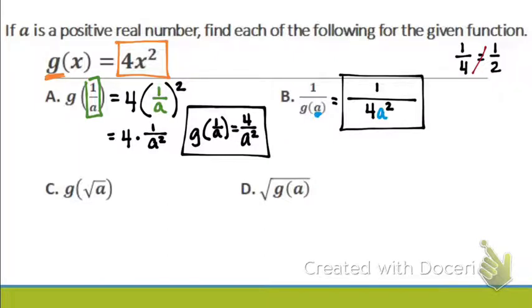For g, what am I doing? Square root of a. Putting the square root of a in the place of the x. So g of radical a is equal to 4 times radical a squared. Can I simplify that further?